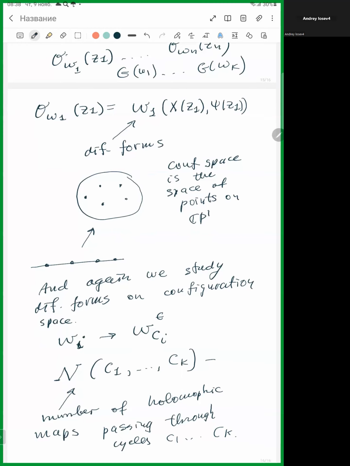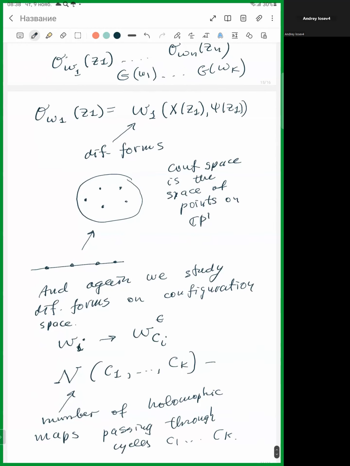And these numbers, so people knew that such numbers exist, but it was impossible to compute these numbers. Computation of these numbers was a very hard problem in algebraic geometry.